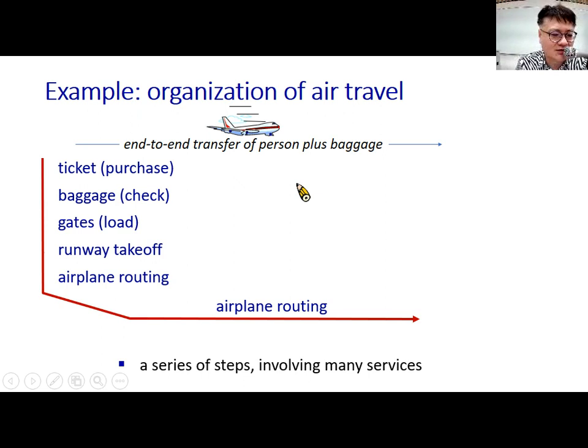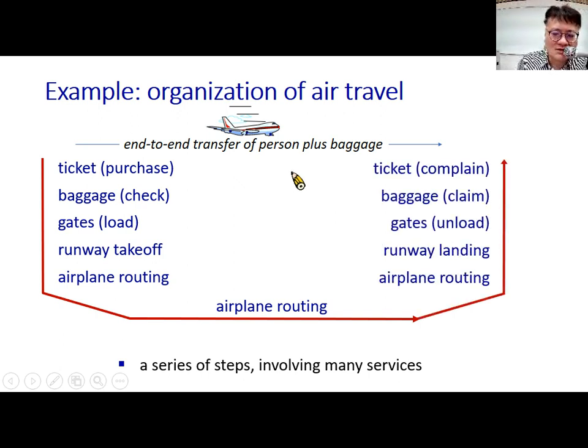And then along the way, the airplane takeoff. The airplane routing, right? Routing from Taipei to Hong Kong, then transfer to Los Angeles, to America. So actually, the airplane routing is routing to America.